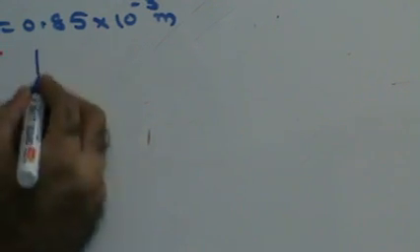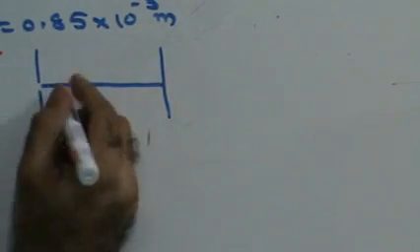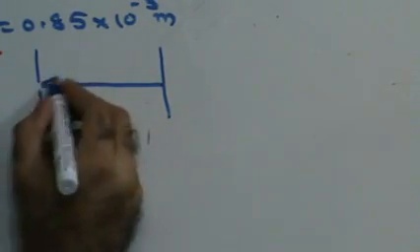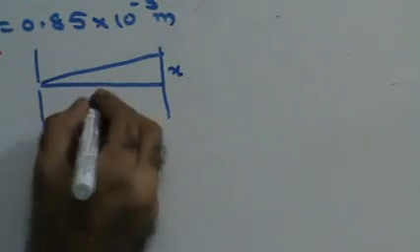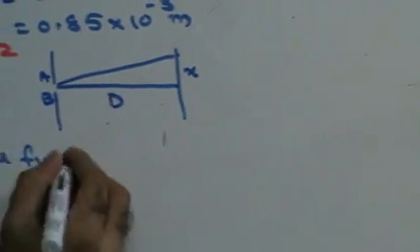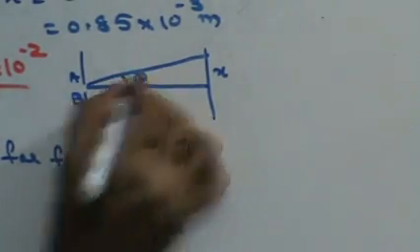Guys, let's visualize this. This is the slit, this is the screen, this is the central maxima. They are saying that the first minima is located at a distance of x. D, A, B, there is going to be a slit of some width. Now, first of all, I can say that for first minima, let's assume that this angle is theta.